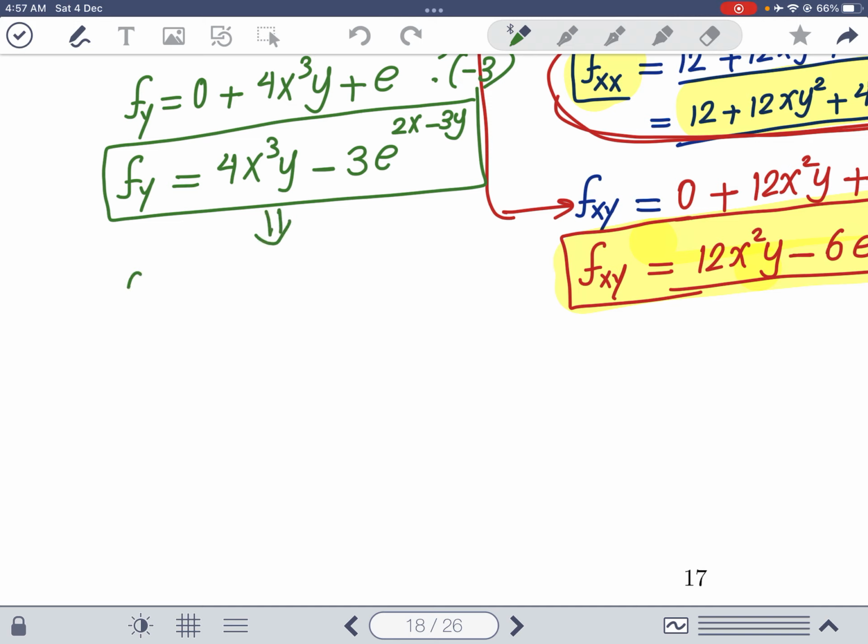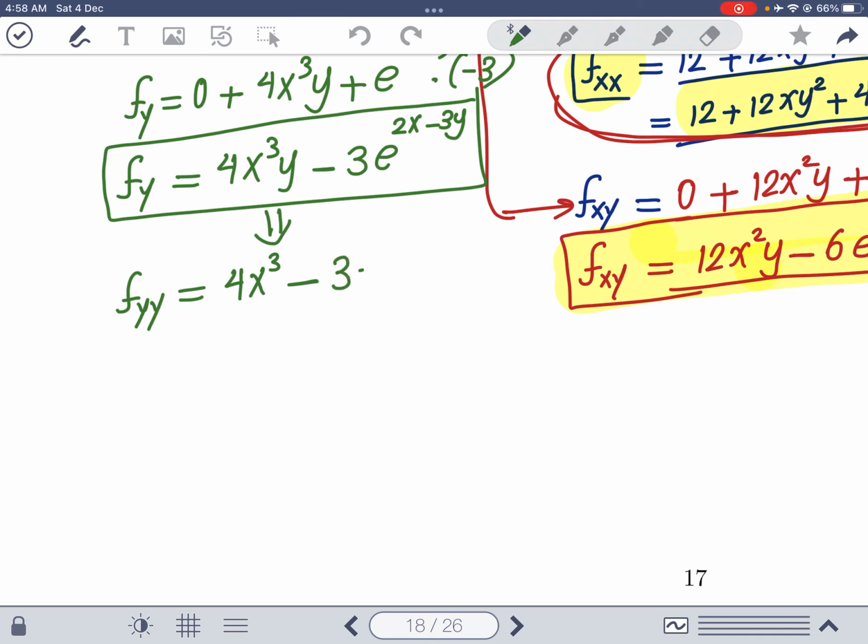So let's do fyy. This will be with respect to y. This is 4x cubed only. It's like y to the power 1 times a constant. That's why you get just the constant, which is 4x cubed. With respect to y, it's a constant.